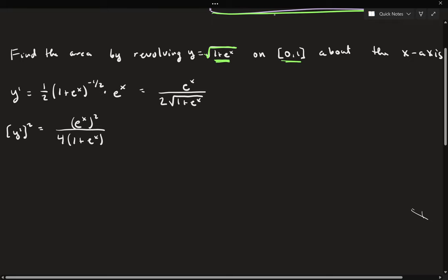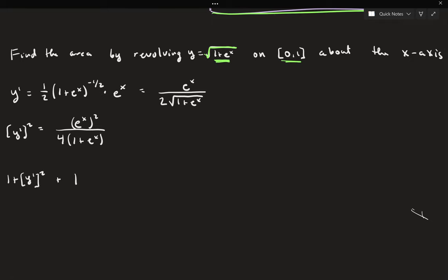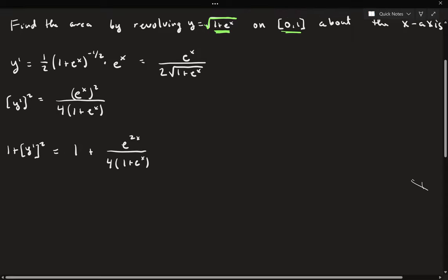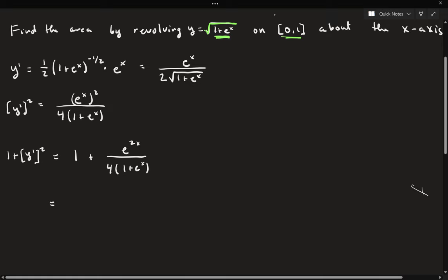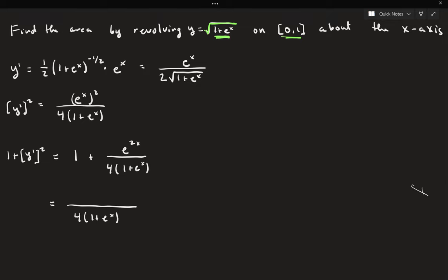Okay, so now what's 1 plus this squared? Well, that equals 1 plus e to the 2x over 4 times 1 plus e to the x. Now I need to simplify, so I'm going to combine the fraction to see what happens. The common denominator is 4 times 1 plus e to the x.